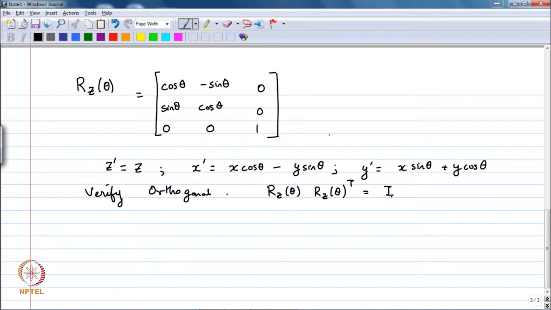In other words, r z of theta transpose equals r z of theta inverse, which is equal to r z of minus theta. So, rotation by minus theta about the z axis is the same as the inverse of rotation about the z axis by theta, and that is exactly equal to the transpose of this matrix of rotations.